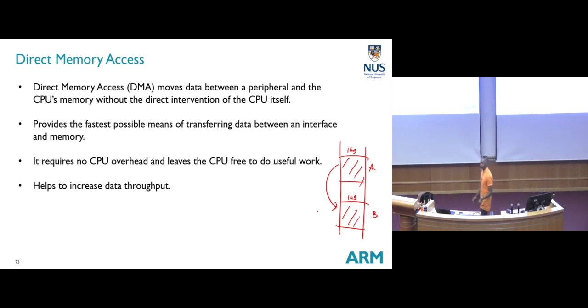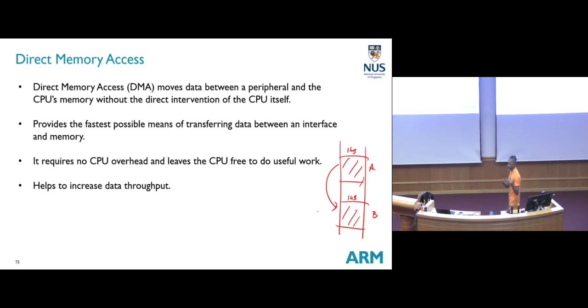If I ask you to write the code to do it, it's straightforward, correct? You just use a pointer, read from this address and write to this address, and then you do a loop. So you can easily do it in code. But as we know, if I execute code, I'm making use of the processor.